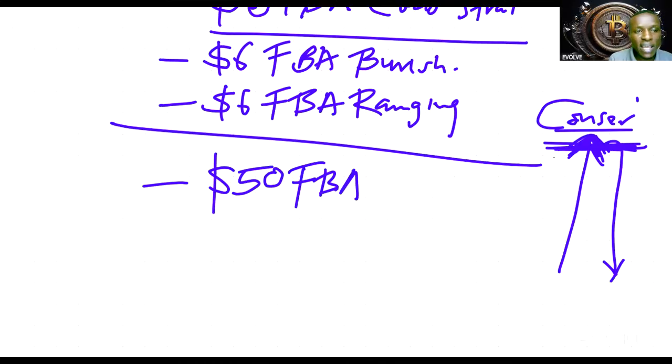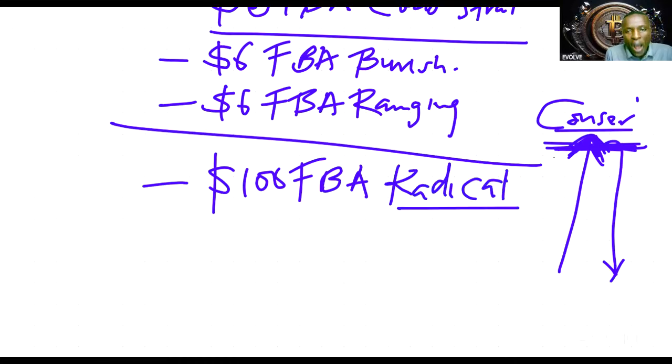You can even say $100 FBA, radical. Simple. You call it that name. Meaning, when you want to be radical in the market, this is the strategy you will use. Do you hear me?